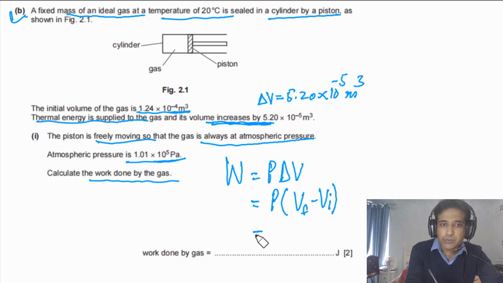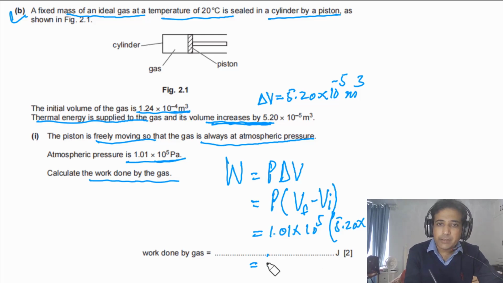So for this question we have the value of P, that is 1.01 times 10 to the 5, and the change in volume, that is 5.20 times 10 to the minus 5 meters cubed, and if we solve this we will get 5.25 joules, and this is positive because the gas is expanding.